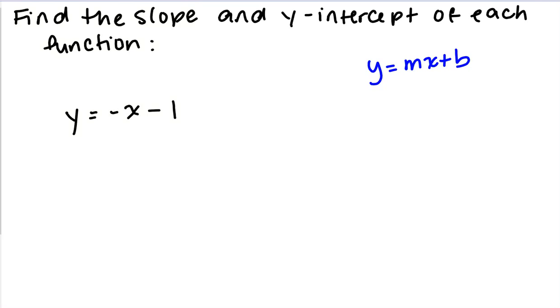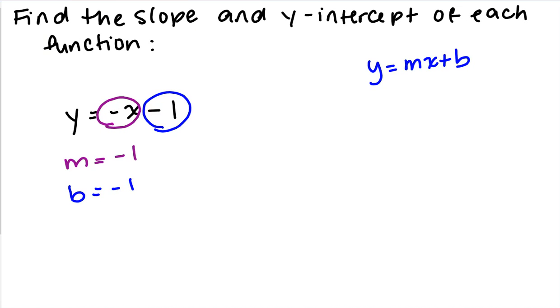Our slope is right here, because when we have a variable, our invisible coefficient is always going to be 1. So our slope in this case is just negative 1. Our y-intercept, b, is right here, and it is also negative 1.